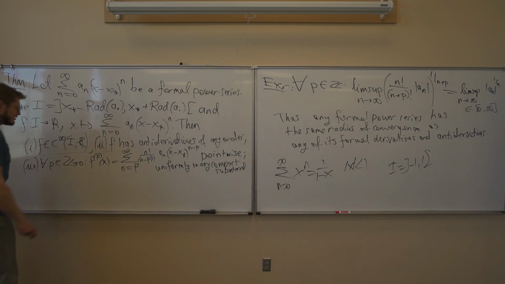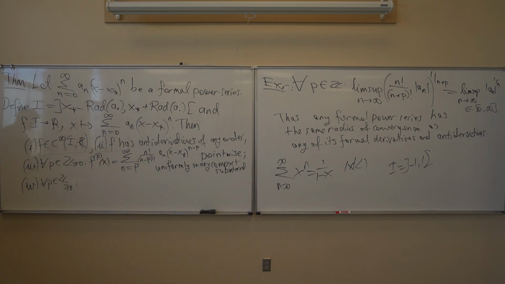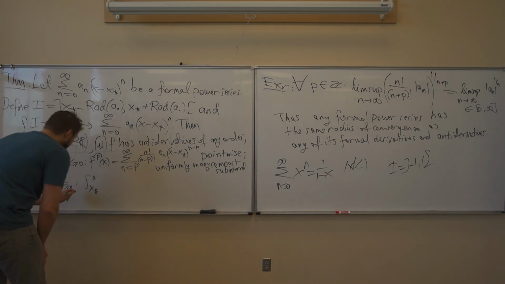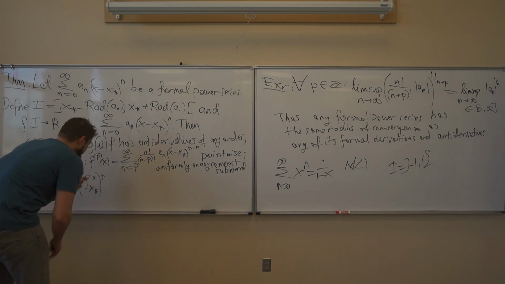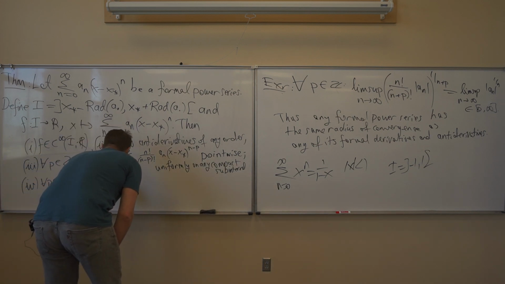And the same thing with antiderivatives. For any p non-negative integer. So we don't have an established symbol for the pth antiderivative. So maybe let me just write it like this. Integral from x star to x raised to the power p. So you do this p times, okay? Of f is this.